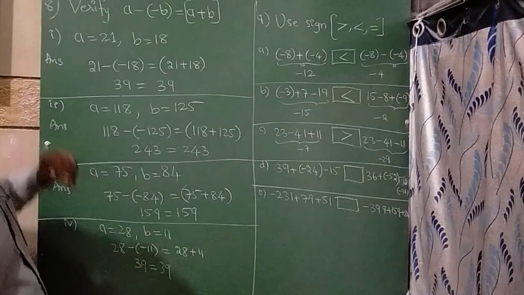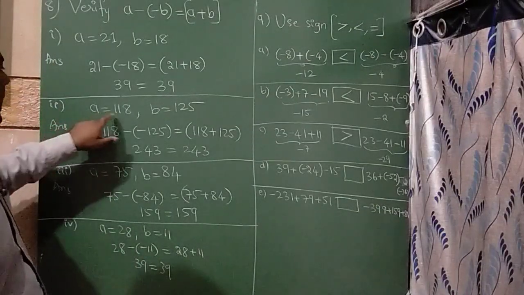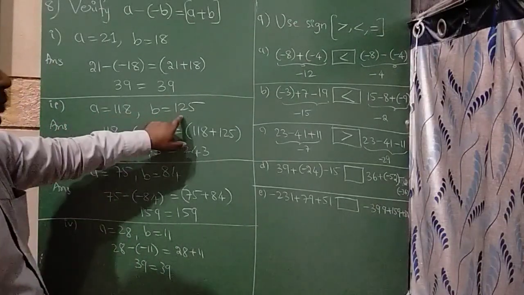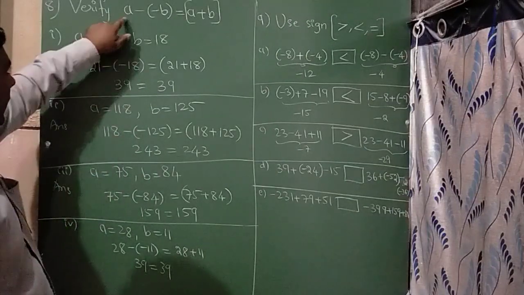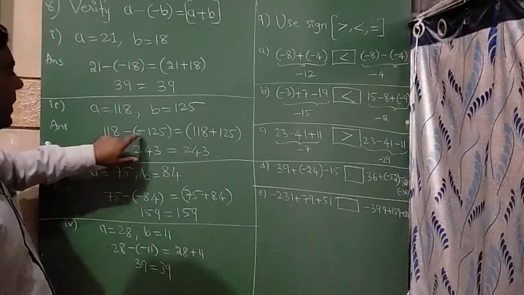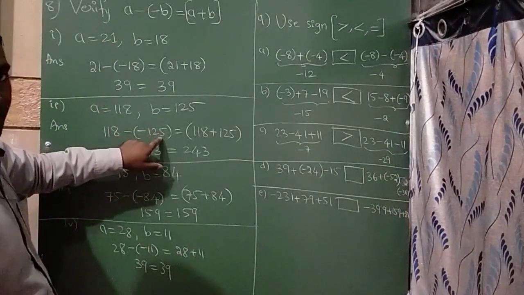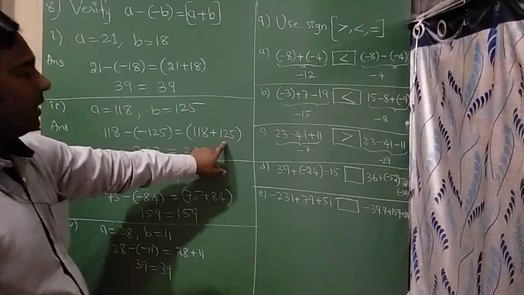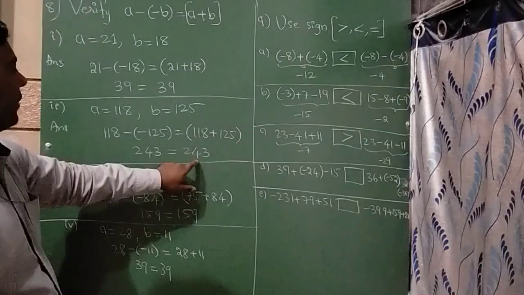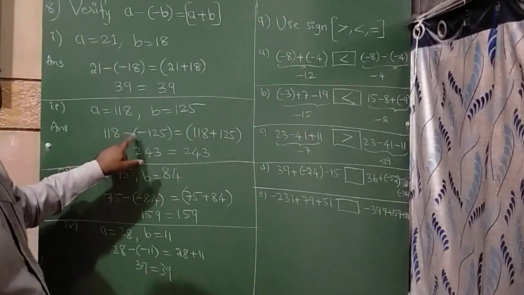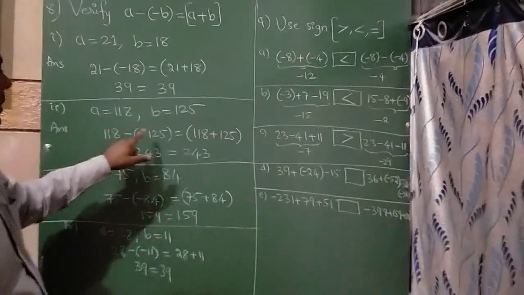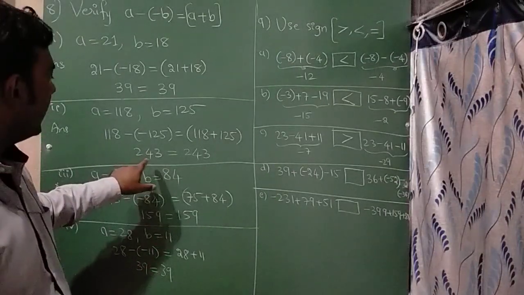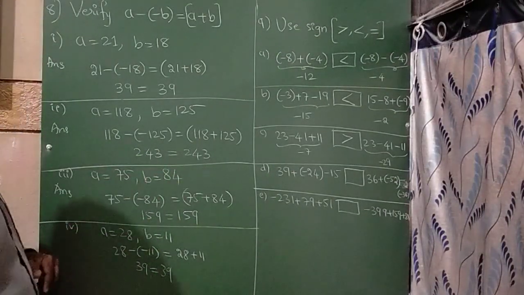So it is verified. Second question is, A is 118, B is 125. Here in place of A, write 118, minus of minus in place of B, 125 is equal to A is 118 plus B is 125. Direct addition is 243. You have to multiply the signs, then you will get addition. Then if you add, then you will get 243. So it is same.